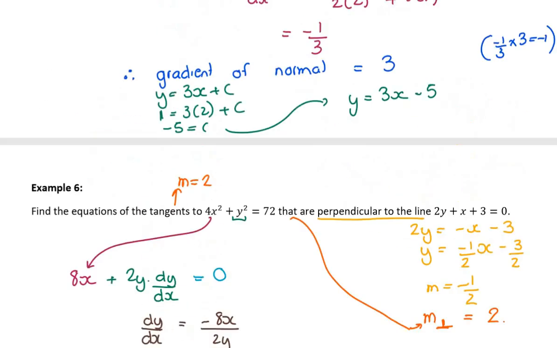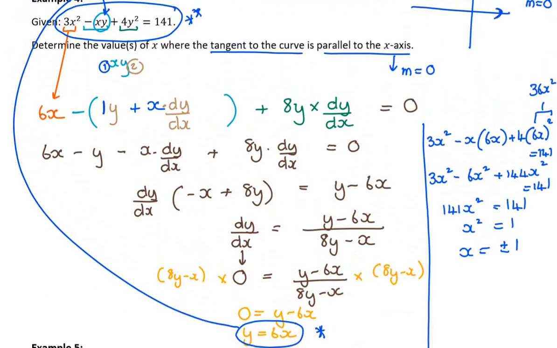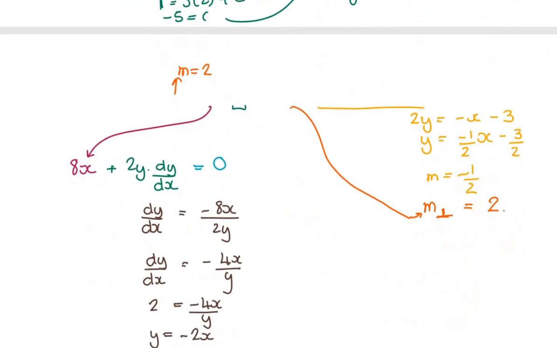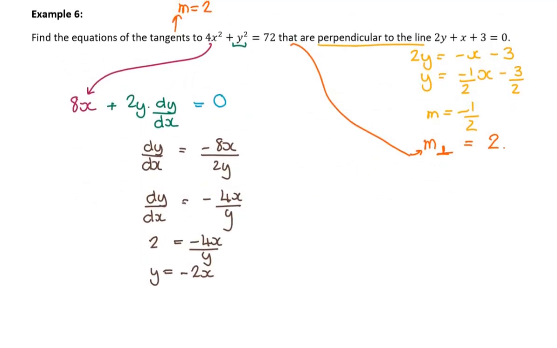Now this is exactly the same idea as we got here. We landed up with the fact that we now had a relationship between x and y that has to be true at this point, but it didn't help me find the point. So the same idea happens here. I know that y = negative 2x has to occur at this point, but I need to know something else in order to find this x value, and I do.